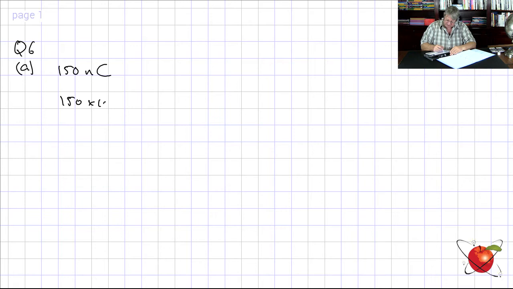Well, the first thing is to say to yourself, let's look at question 6a. 150 nanocoulombs, okay? What does that mean? That is 150 times 10 to the minus 9 coulombs.